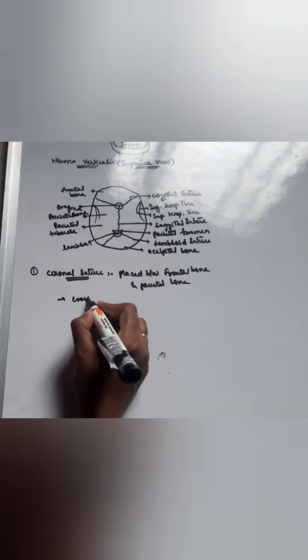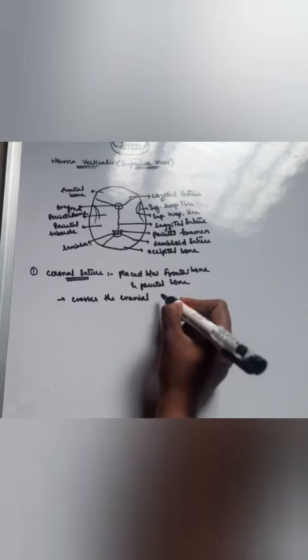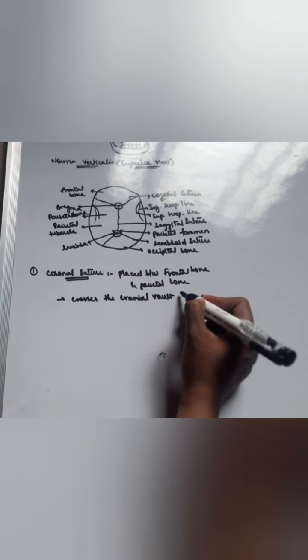It runs downwards and forwards, from the middle point running downwards and forwards on the front side. This is about the coronal suture.